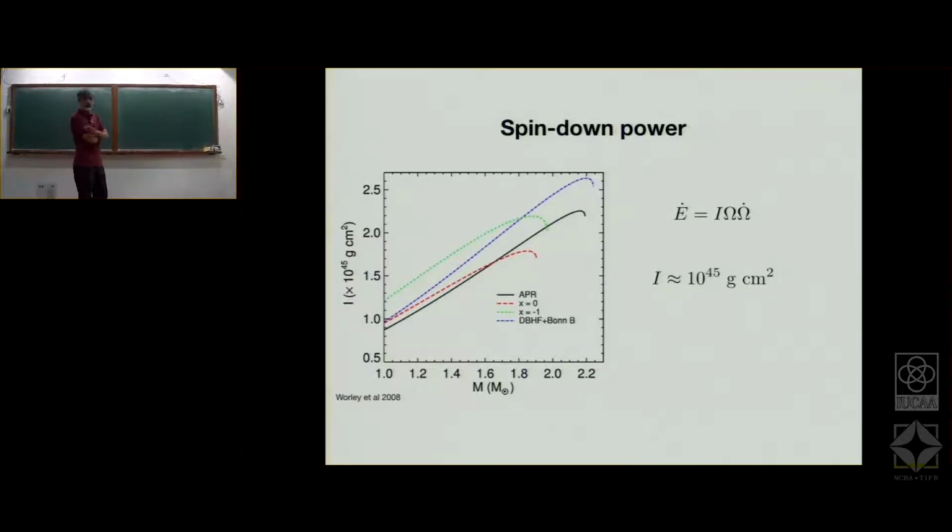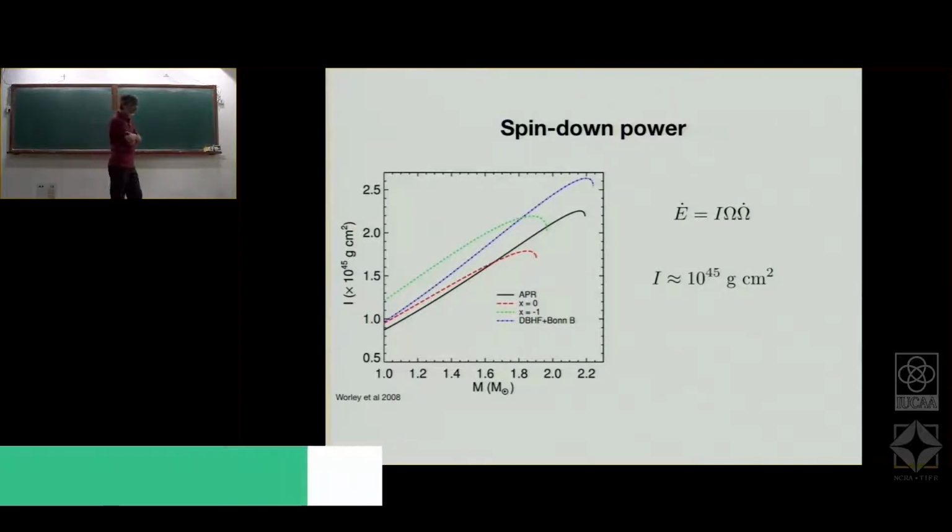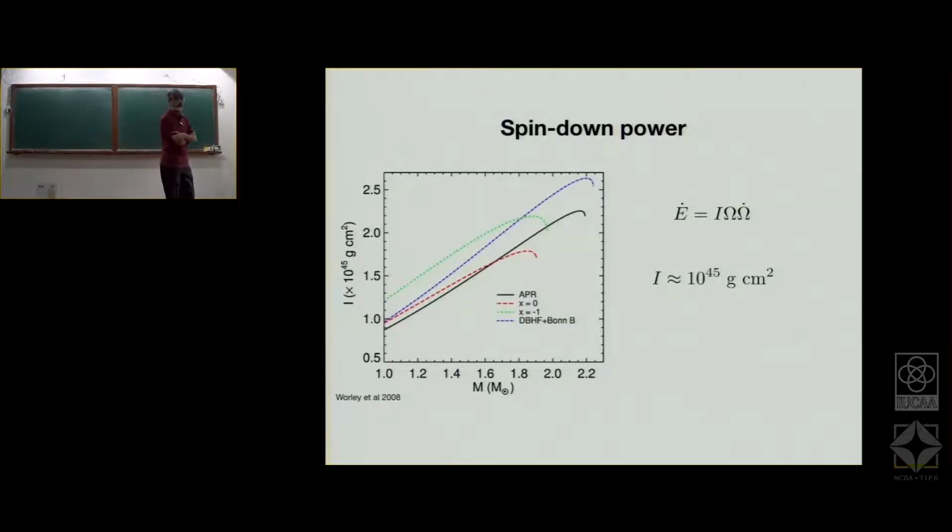We have now come to the conclusion that the pulsars we're talking about are rotation powered, which means that the energy it emits is derived at the cost of its rotational energy.